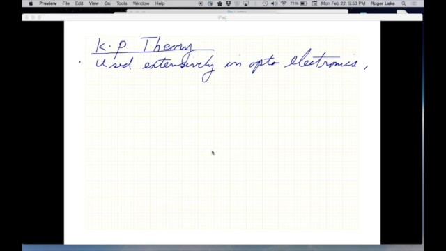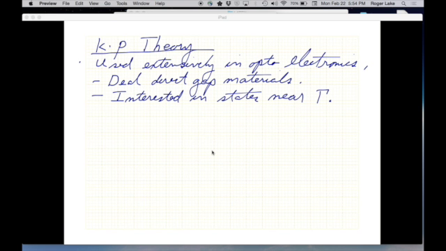This is great for the people in optoelectronics, they deal exclusively with direct gap materials, such as your gallium arsenide, indium arsenide, etc. And so you're only interested in states near gamma. Unlike what we just did, which is good for the whole Brillouin zone, can capture the entire Brillouin zone.